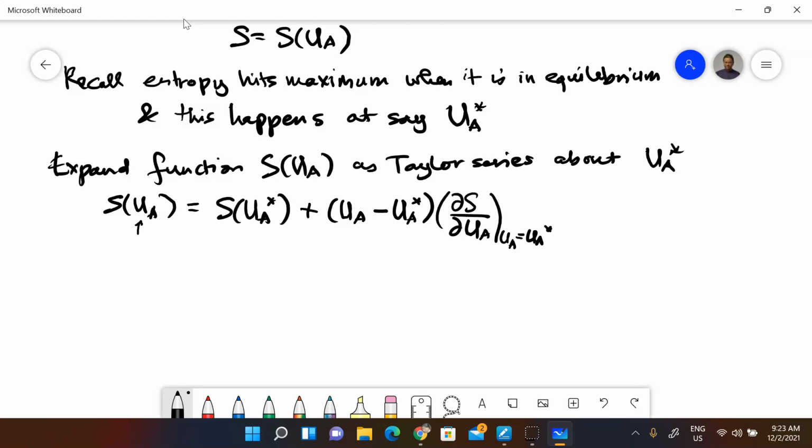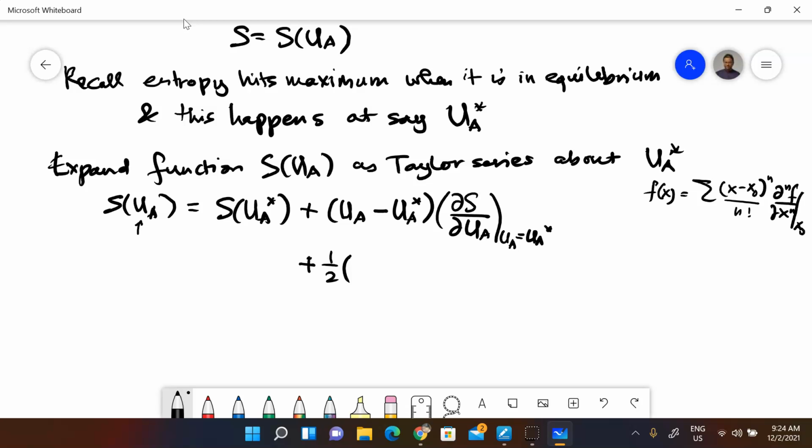So I hope you still remember how we expand a particular function in terms of a Taylor series, where you have this kind of summation, x minus x naught to the n over n factorial, and then you have the nth derivative of f with respect to x, evaluated at x naught. So it's just using that formula, and we can go to second order at this, because we want to prove the idea that entropy increases.